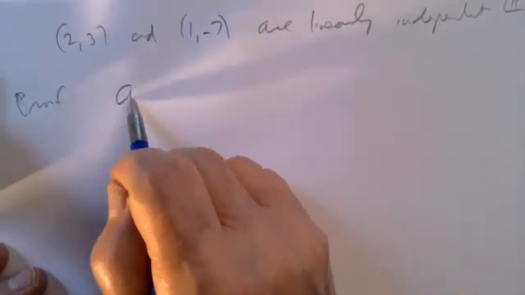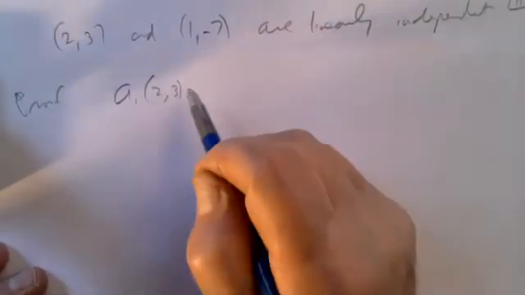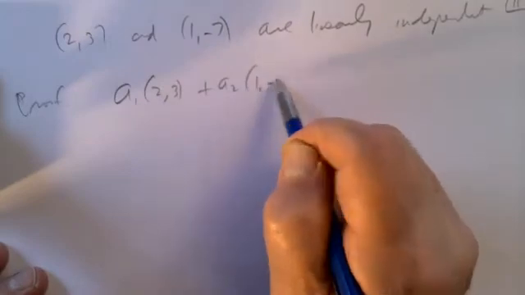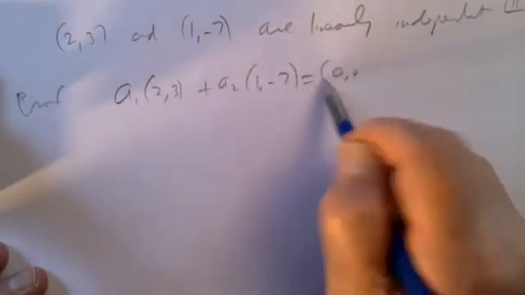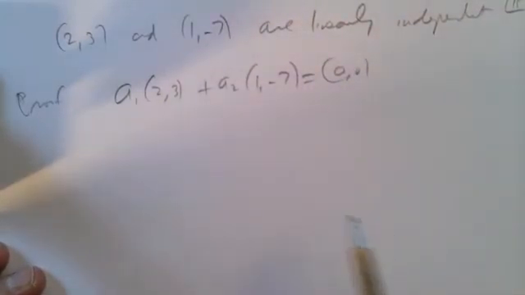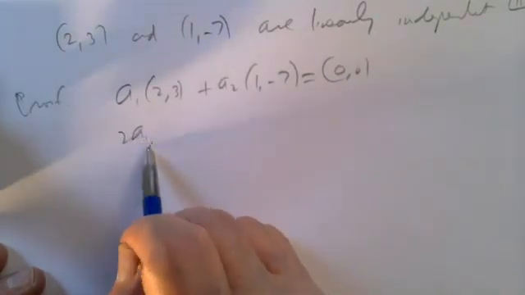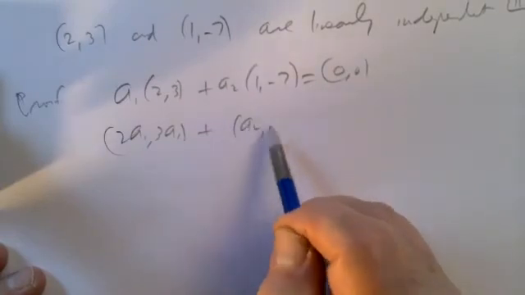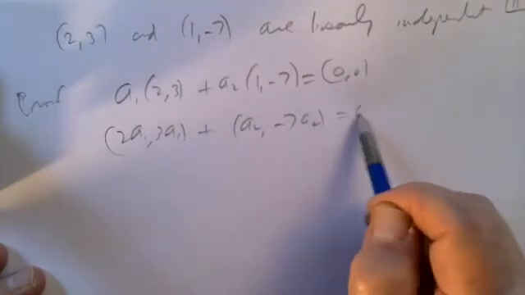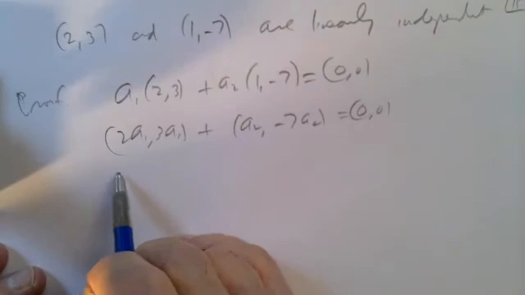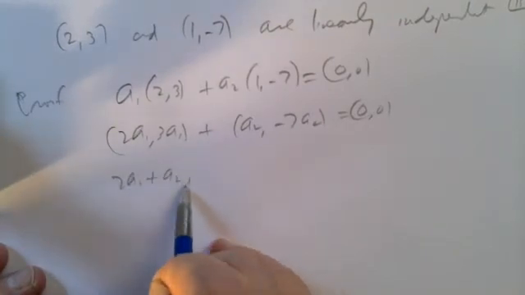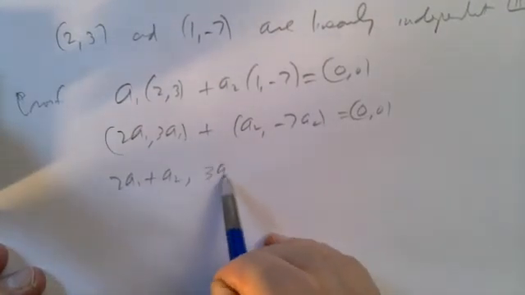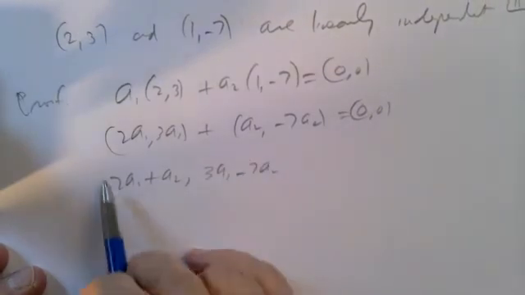Suppose a1 times (2, 3) plus a2 times (1, -7) is the zero vector. This is (2a1, 3a1) plus (a2, -7a2) equal to the zero vector, or (2a1 + a2, 3a1 - 7a2).